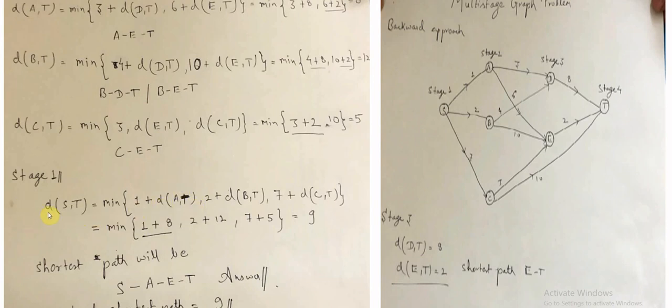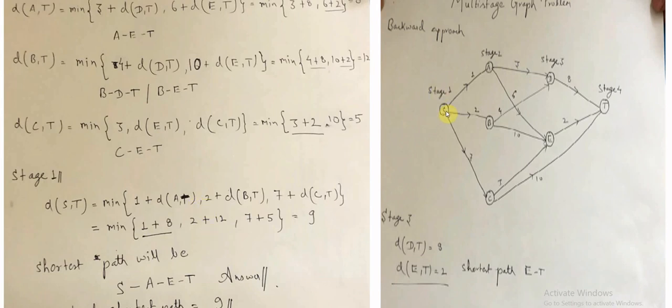So you can see in this particular case S is the source and T is the destination. The formula will be minimum, as there are 3 routes to reach T, one via A, one via B and one via C. So we'll be considering all these 3 paths. Minimum of the weight of SA, that is 1, plus cost of A to T, which we have already computed, so we have taken that 8 here.